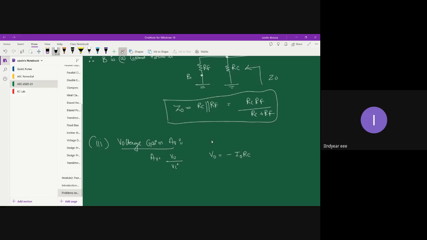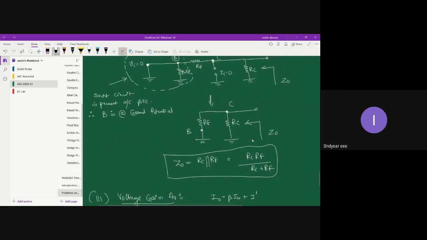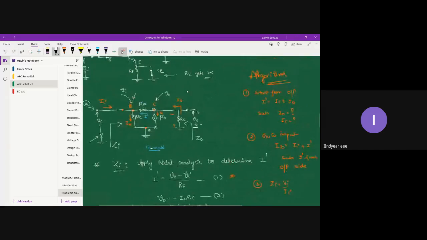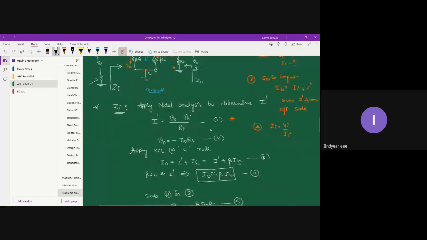I think I have already told you this: I naught is basically beta IB plus I dash. We have already seen that I naught is beta IB plus I dash here. In the main circuit, see, incoming current is I naught. So if you apply KCL at collector node, I naught is equal to IC plus I dash.